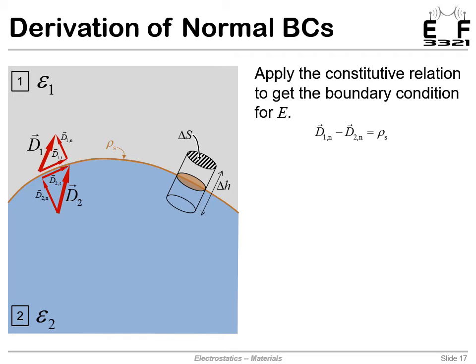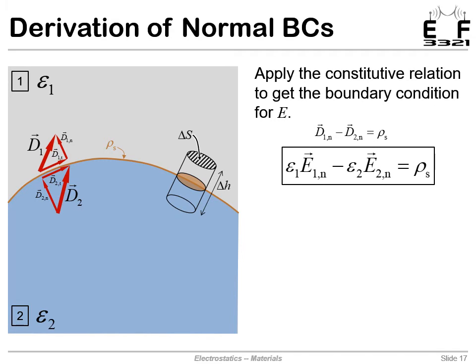So what about the normal component of the electric field E? Well, we've done most of the work. All we have to do is apply our constitutive relation and write this in terms of E. When we do that, we see that epsilon 1 times the normal component of E1 minus epsilon 2 times the normal component of E2 is the surface charge density.